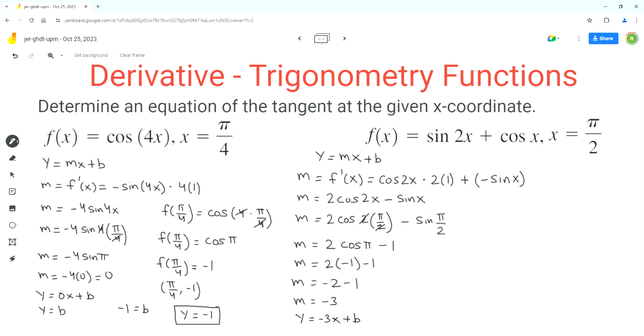Now we have to find its b value. So for that, we'll have to find a point that lies on this tangent. So we can find the point that lies on this function at x equals pi over 2, and that point will also lie on this tangent because the tangent touches the function at that point. So we'll sub in x equals pi over 2 in the given function.